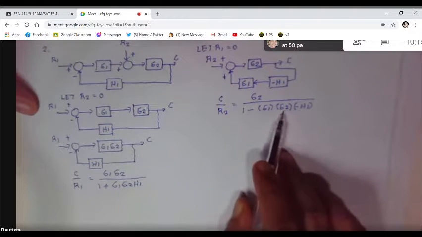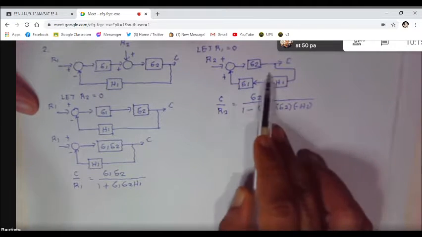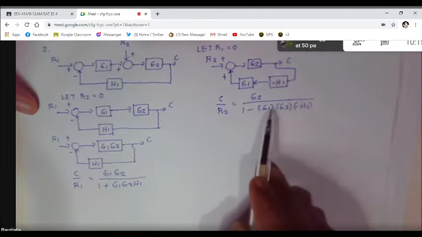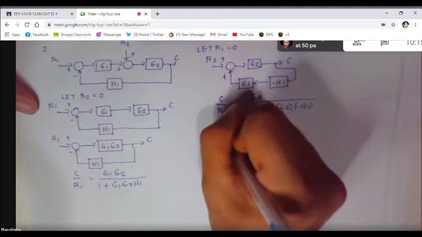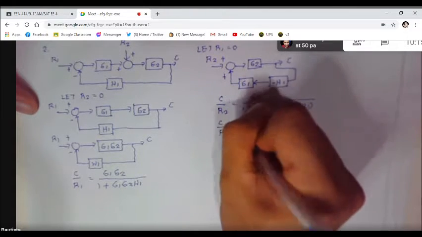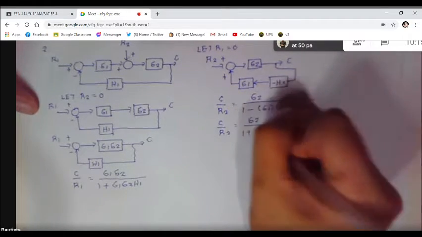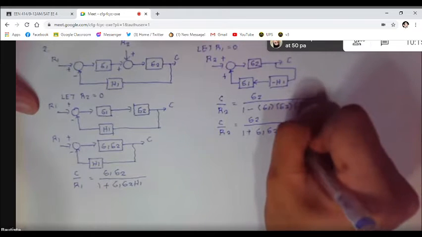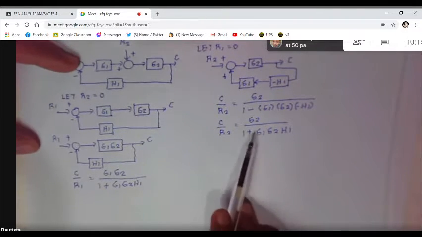Yan maigi. So, G2, G1, H1. Ito na yung pinaka-feedback mo. Yung feedback, hahalo ngayon sa G. Yan. Ito na. Itong dalawa. Okay, so therefore, C over R2, that is equal to G2 all over 1 plus G1, G2, H1. Okay? Parehong sila, di ba?